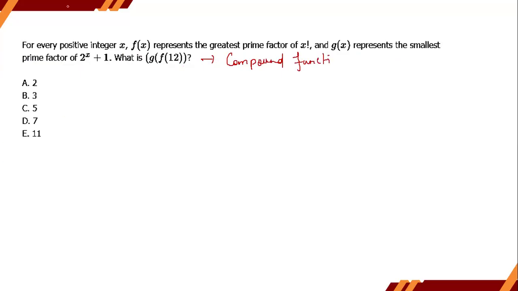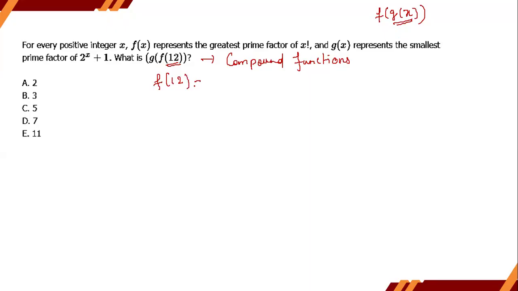Now, what are compound functions? In compound functions, you have a function inside the function, right? So what you need to do is solve the innermost function first, and then move outside, right? So that means first we need to figure out the value of f of 12.